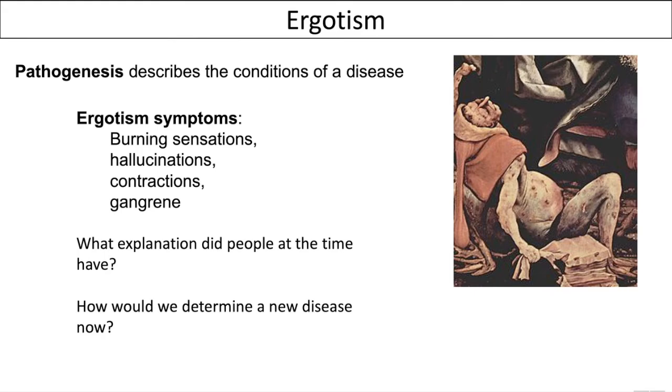Well, another term that's really important to microbiology is the term pathogenesis. And pathogenesis describes the conditions of a disease. So if we look at the conditions related to ergotism, that's going to be burning sensations, hallucinations, there's involuntary muscle contractions, and there's a secondary infection that occurs called gangrene.